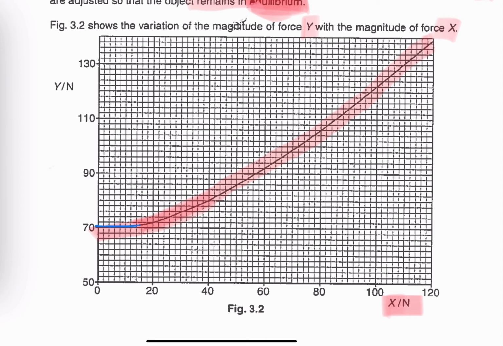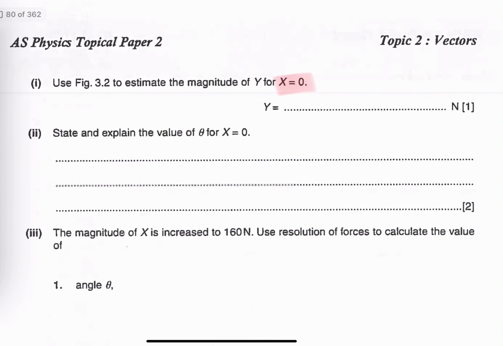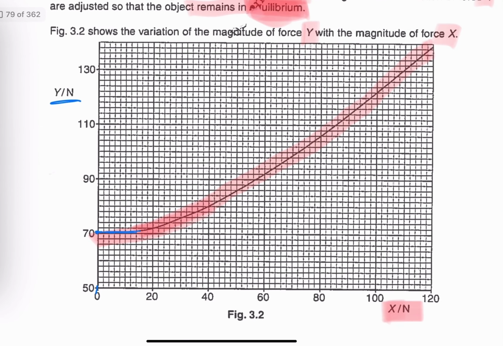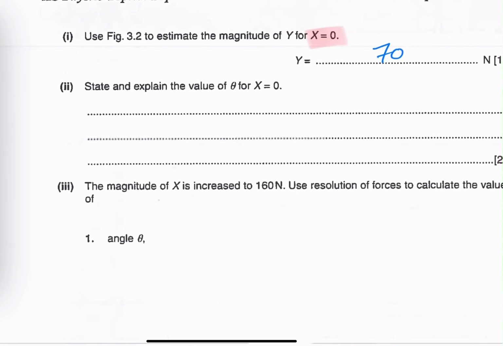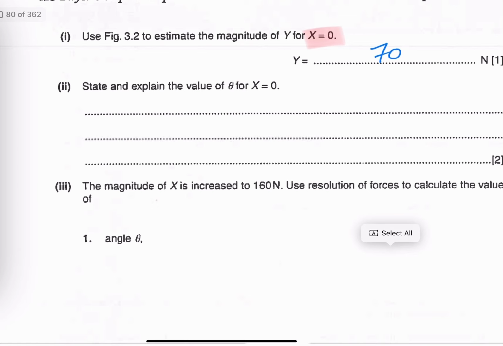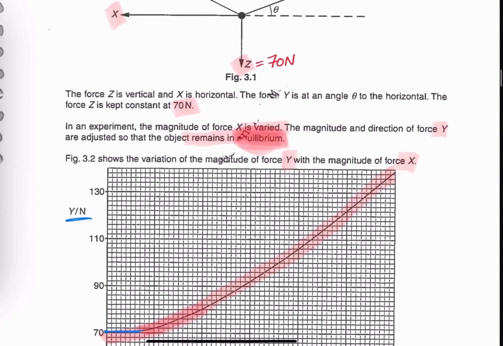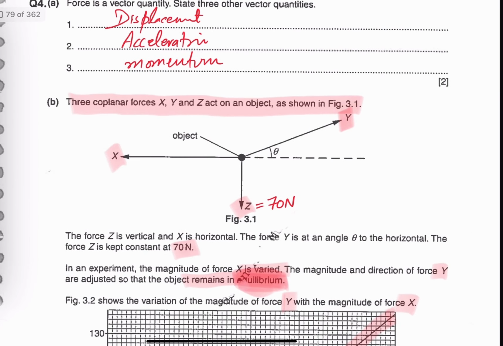At this point the value of Y is 70, so the estimate is 70 because the graph is going toward this side; the slope is almost 0 at the start. Then state and explain the value of theta for X equals 0.